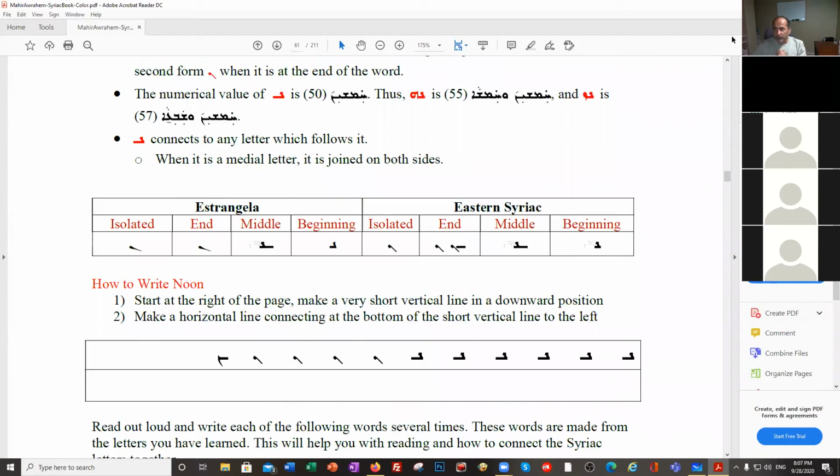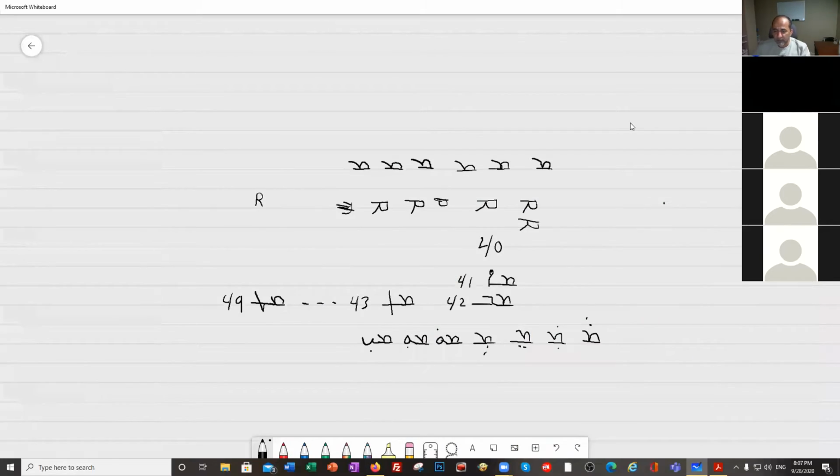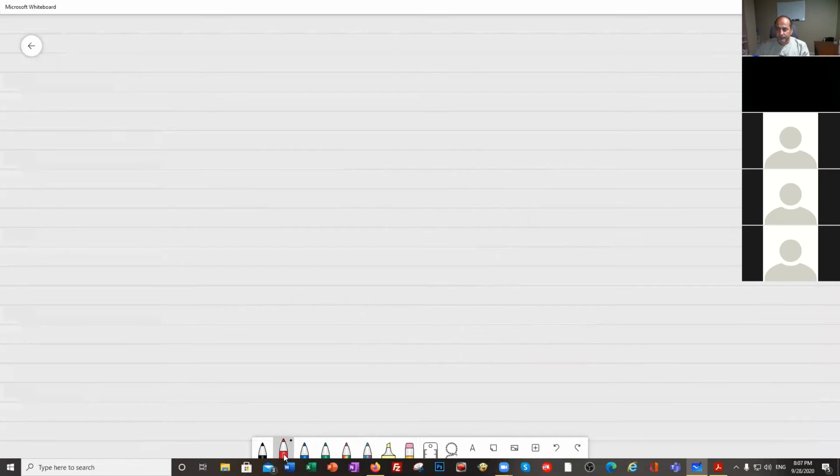How we write noon: noon, N, is like this one here. This is at the beginning and the middle of the word. This is how it's going to be.